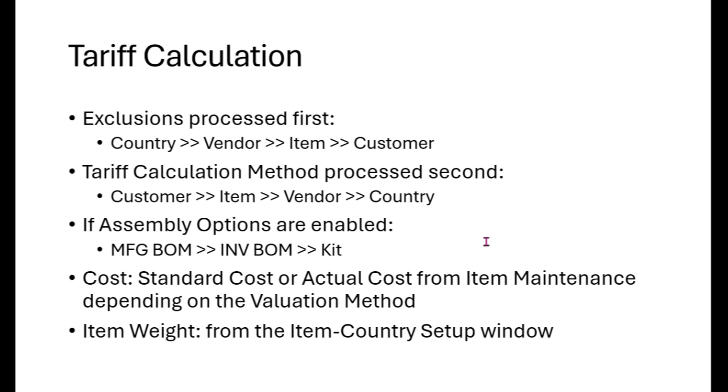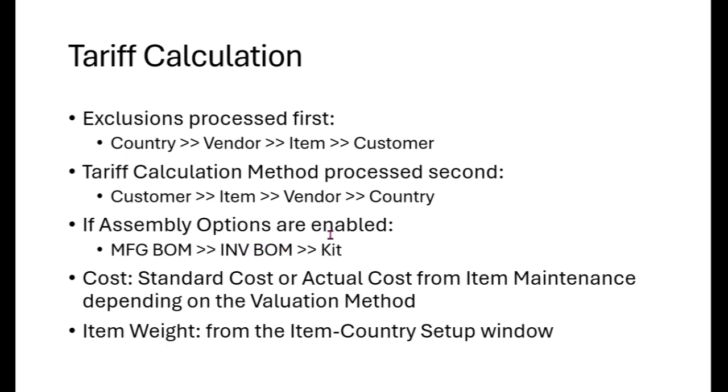If you do have it looking at a bill of materials or kit, and you've got setup in multiple locations, you could, for example, have a manufacturing bill of materials and an inventory BOM set up for the same item. It's going to look through those three sources in the order shown here. So we'll start by looking at the manufacturing BOM. If it can't find it, it'll look at the inventory BOM.